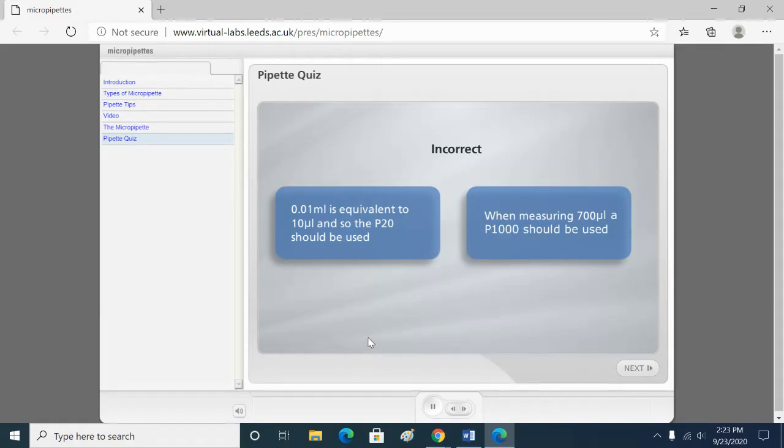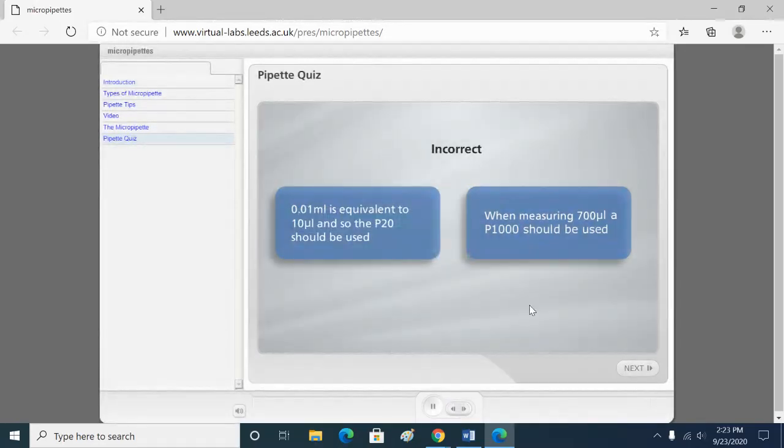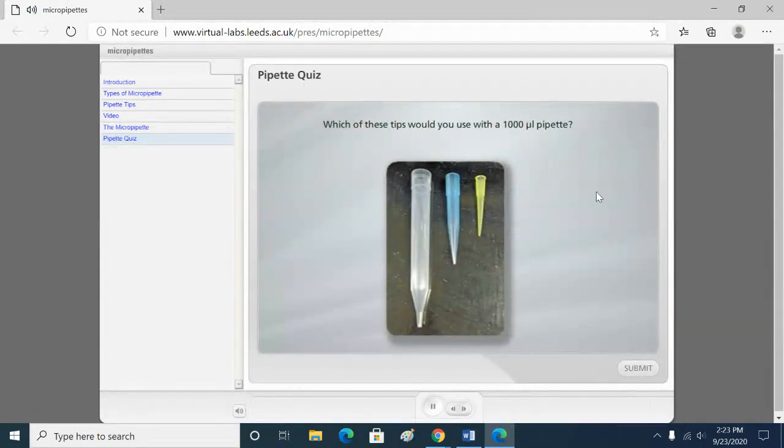Oh, I can't go back and see, can I? Nope. I don't remember what we clicked. So, which of these tips would you use with a 1,000 microliter pipette? The blue one, the middle one.